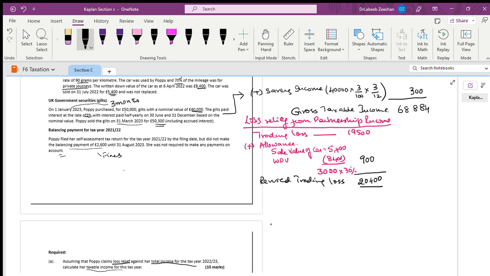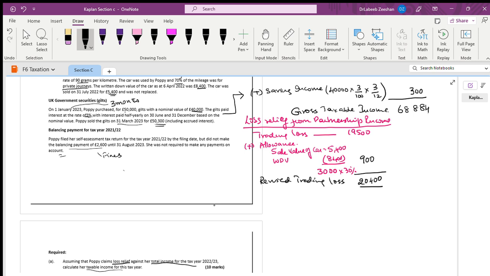What is the share of Poppy? For 3 months, is it right? One minute. For 3 months would be 30%, you said?